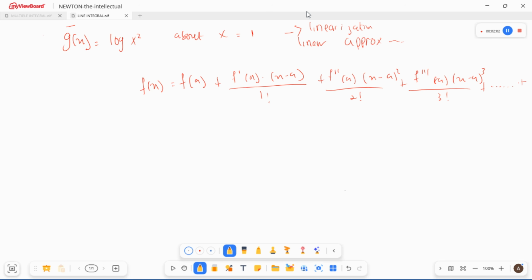So this is basically what we mean by Taylor expansion, right? This particular formula is what we're going to use for linearization, linear approximation, quadratic approximation, and even cubic approximation. Now, how does this work?